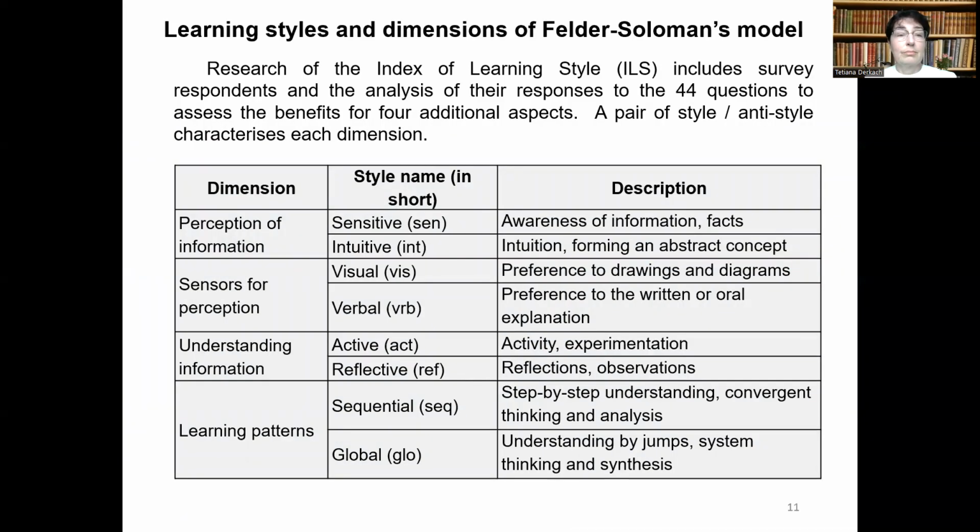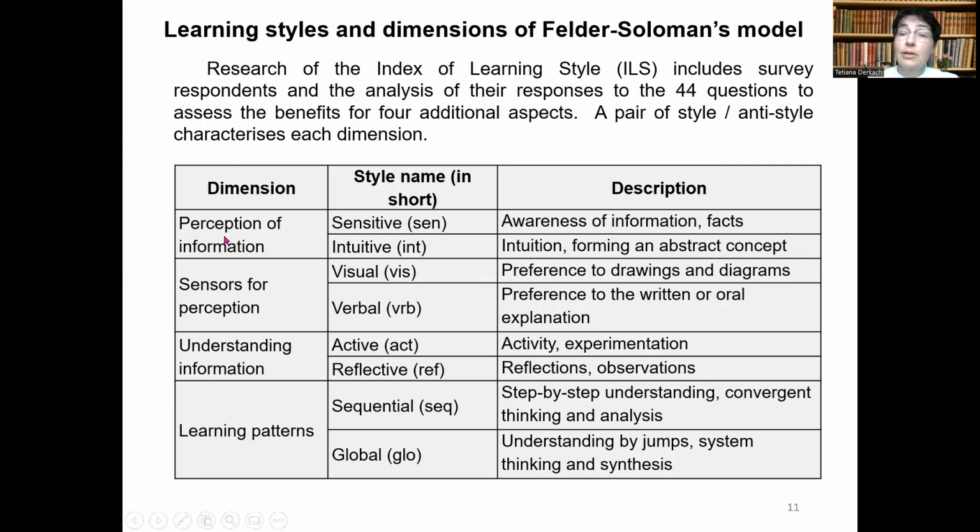It's known that the perception of different electronic resources depends on the preferred learning styles of students. Therefore, I investigated the learning styles of students using the Felder-Soloman method. Research of the index of learning styles includes surveying respondents and analyzing their responses to 44 questions to assess preferences for 4 dimensions.